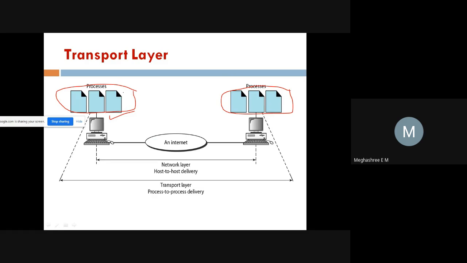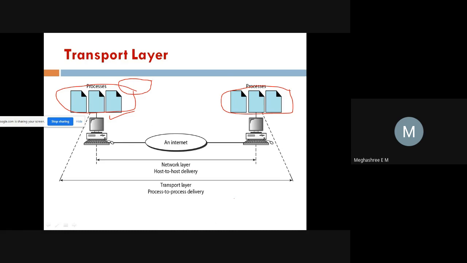So in this process, let's say I'm just sending her a message, saying how you doing. That data will be divided into a number of packets, right? So that whole set of packets should be delivered to my friend. That we call process to process delivery.